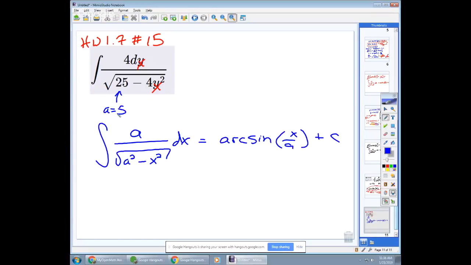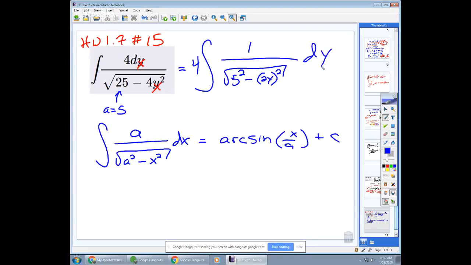That's a 4y squared instead of an x squared. 2y squared, yeah, so that would be like 2y squared. So I'm going to pull the 4 out first. And then I'm going to say this is 1 over the square root of 5 squared minus (2y) squared. And I hate putting the dy in the numerator. It should be up to the side, I think. That's right notation.